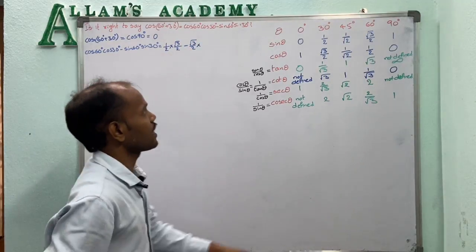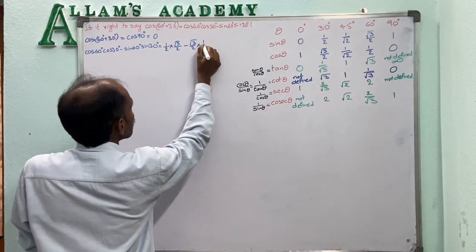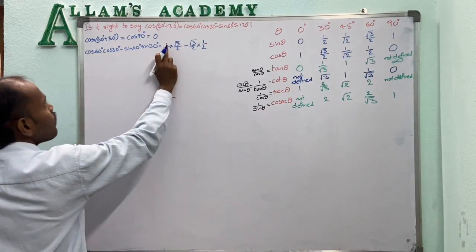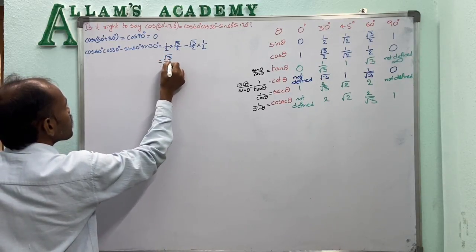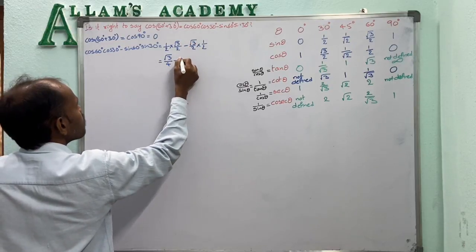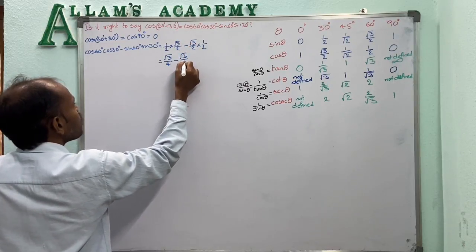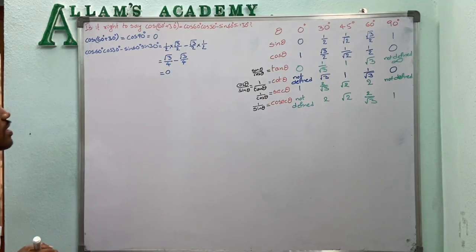Next, sin 30 value is 1 by 2. So 1 by 2 into root 3 by 2 is root 3 by 4. Next, root 3 by 2 into 1 by 2 means root 3 by 4. So root 3 by 4 minus root 3 by 4 equals 0.